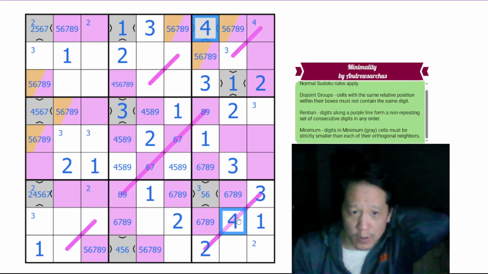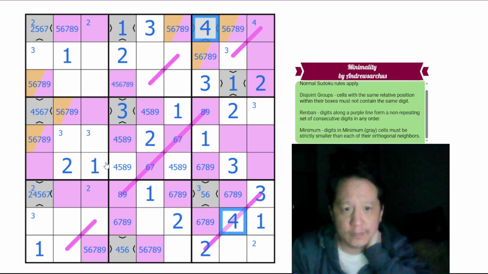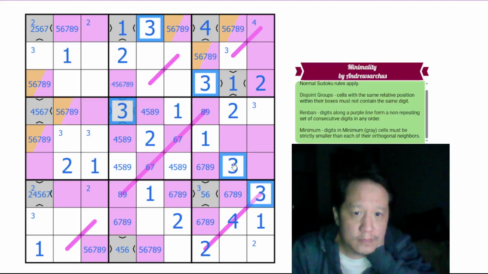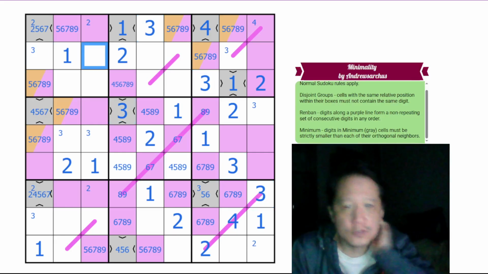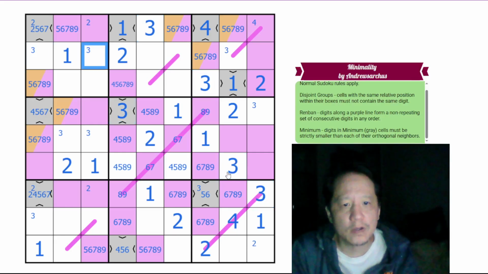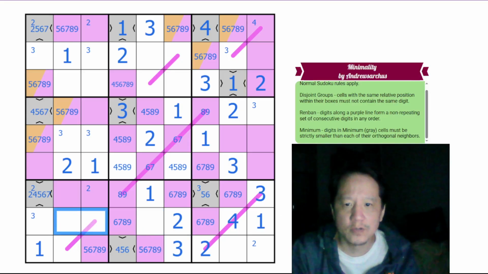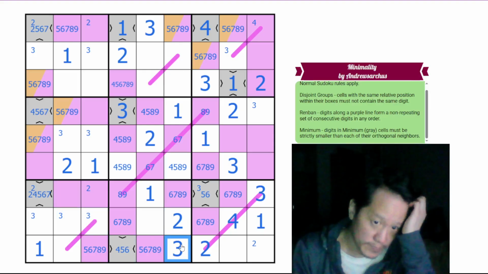I don't know. Three is one of these two. Okay. 3 is here. Three cannot be here, so 3 has to be here, which means one of these is 3.